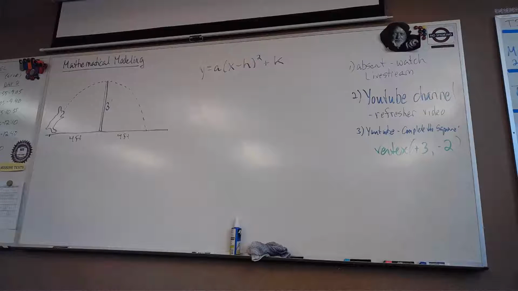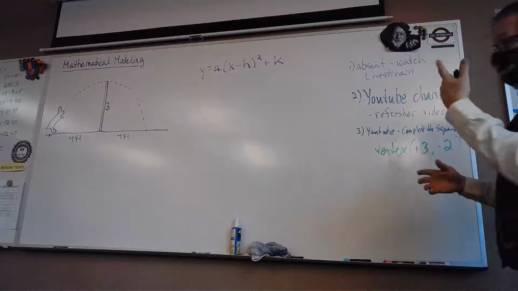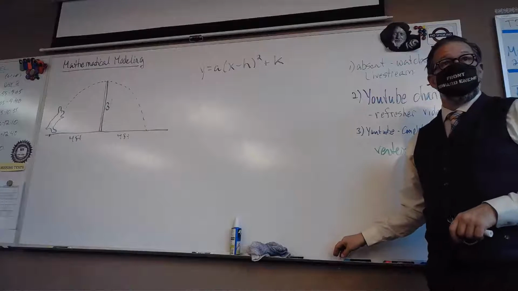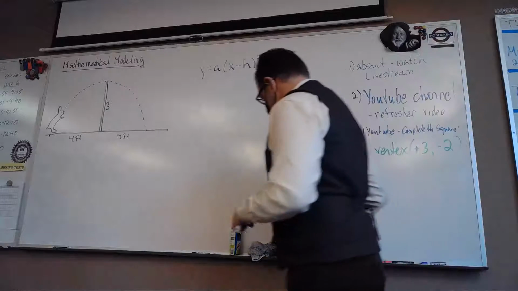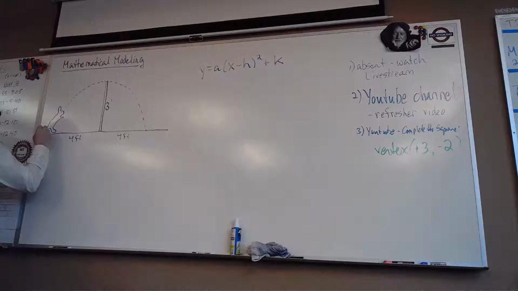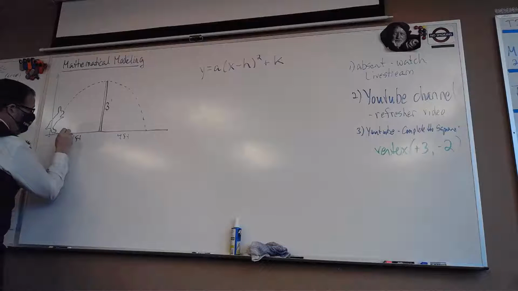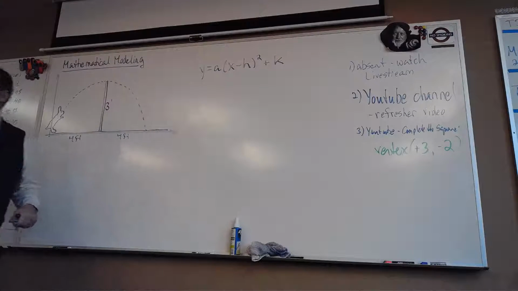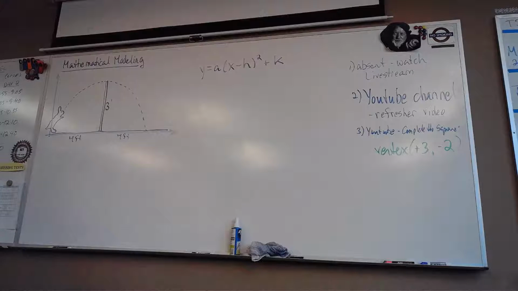Luke, where would you put the origin of your graph if you were putting that on a set of axes? The rabbit? Okay. Where's the vertex of your parabola? Up for the fence post. Good. Do you know the coordinates of that point?